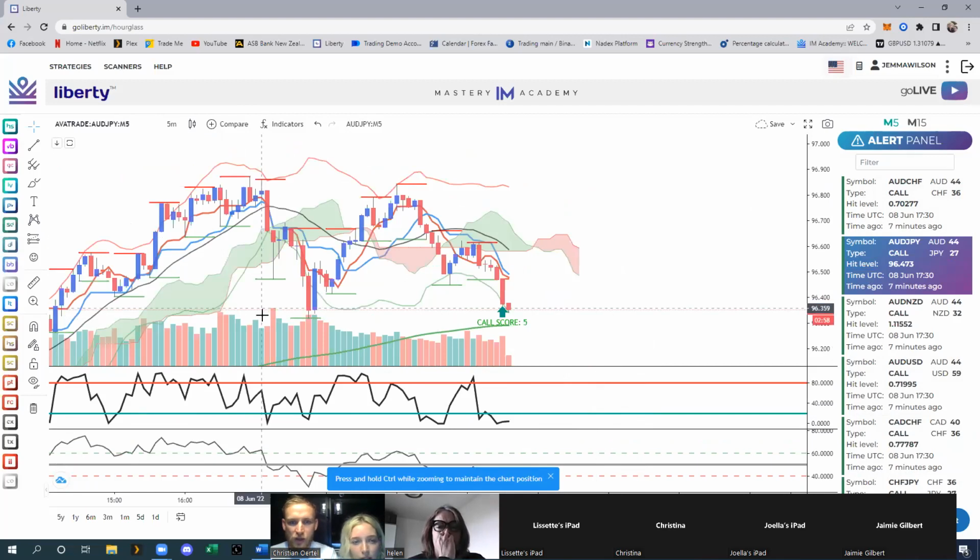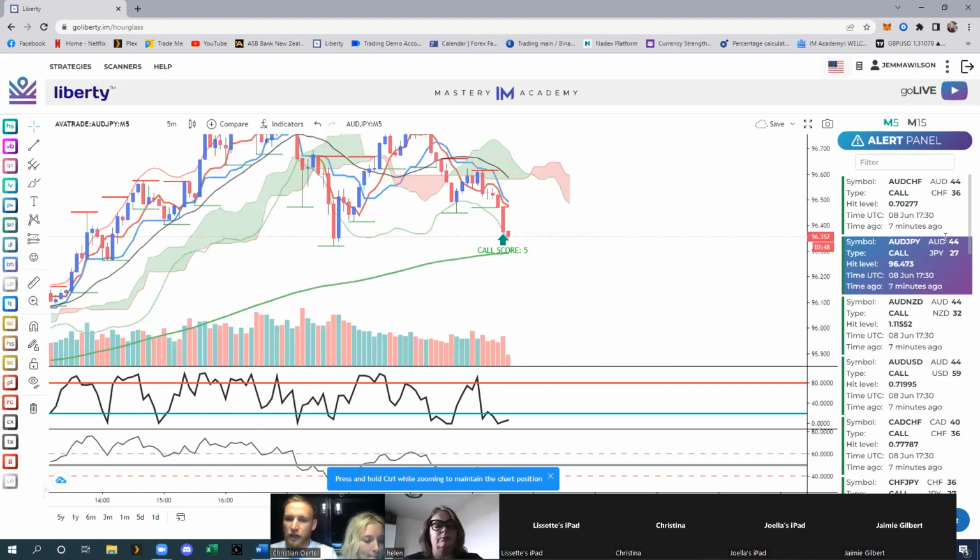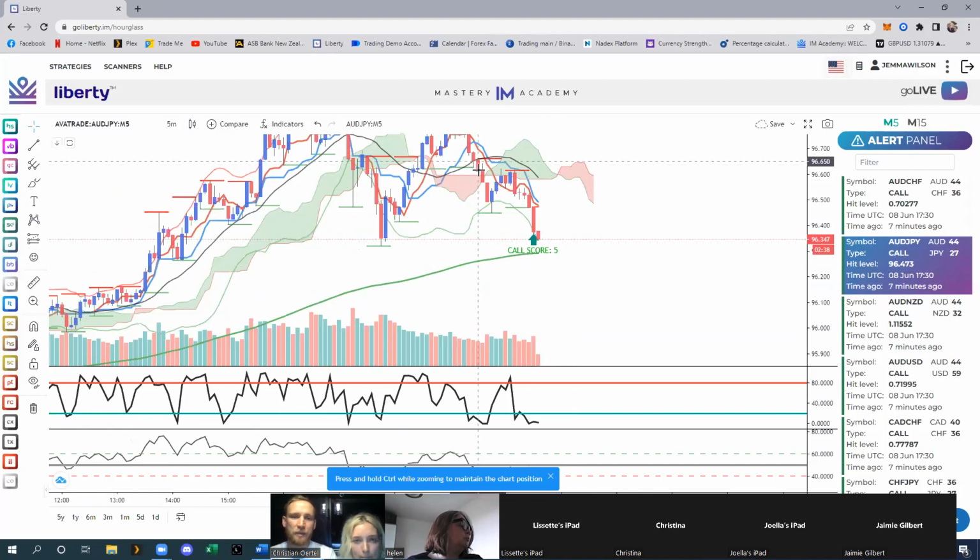Yeah, we're getting into a nice support zone here. Although if it pushes past here, we're going to see it drop. So everything is sort of, you get currency strength going upwards. We're above the EMA, it's green, so we're going to go for calls. The last call was actually for a call. We're now below the Ichimoku cloud, which is not amazing.